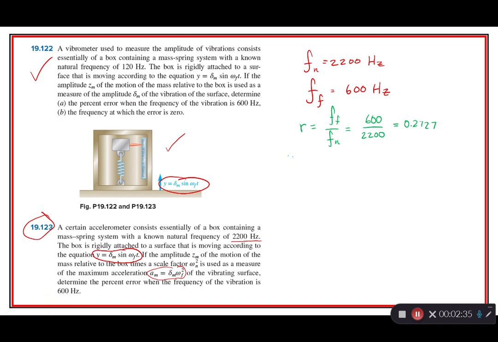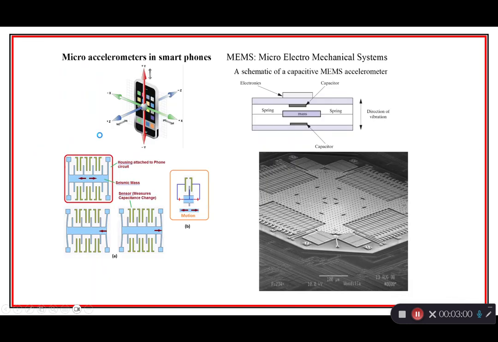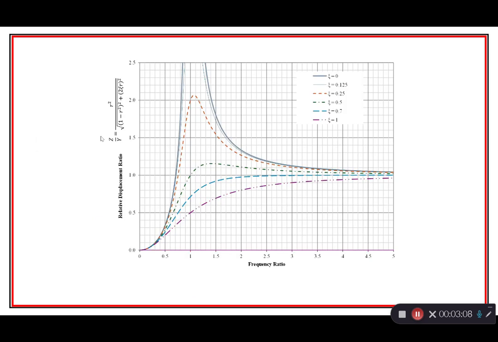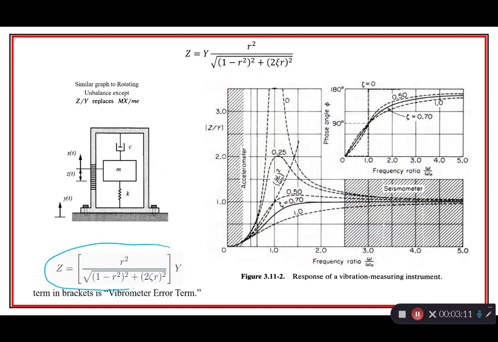So we have z over y equal to r squared over 1 minus r squared, because we don't have any damping. I said that in the previous example, so I should mention why I'm writing this as no damping. The equation I'm using on the first one to explore this is the vibrometer error term.